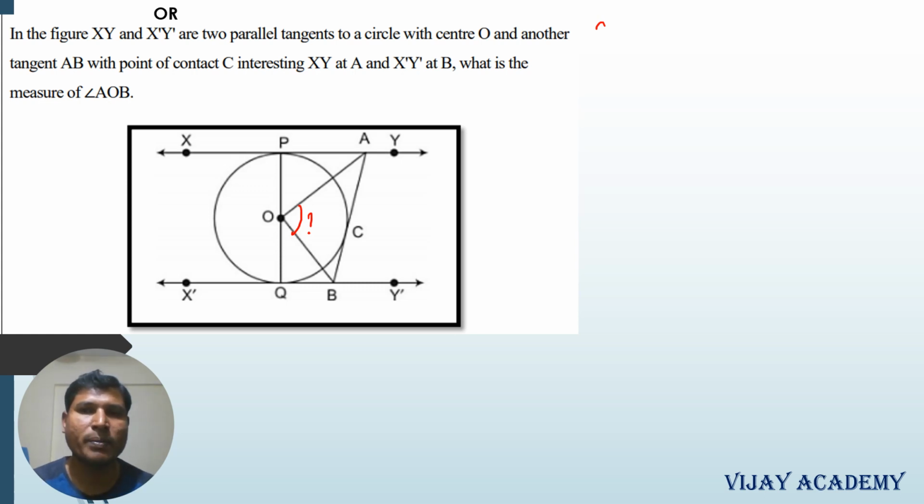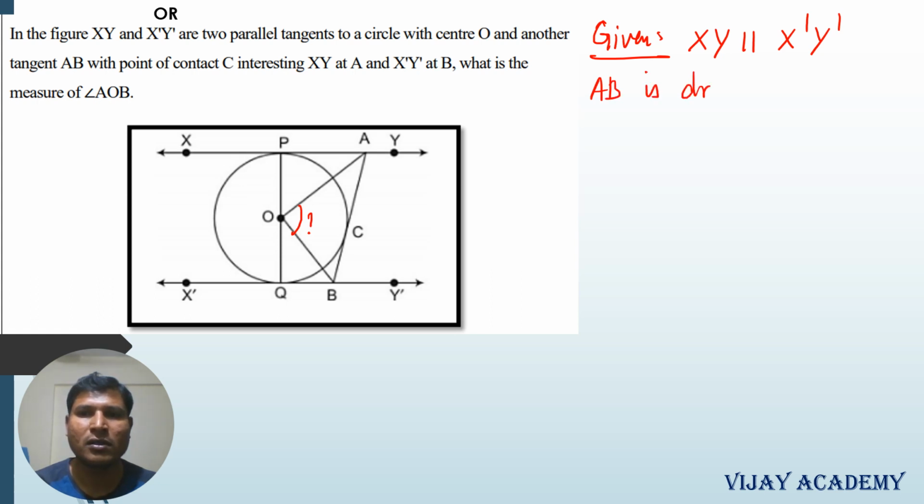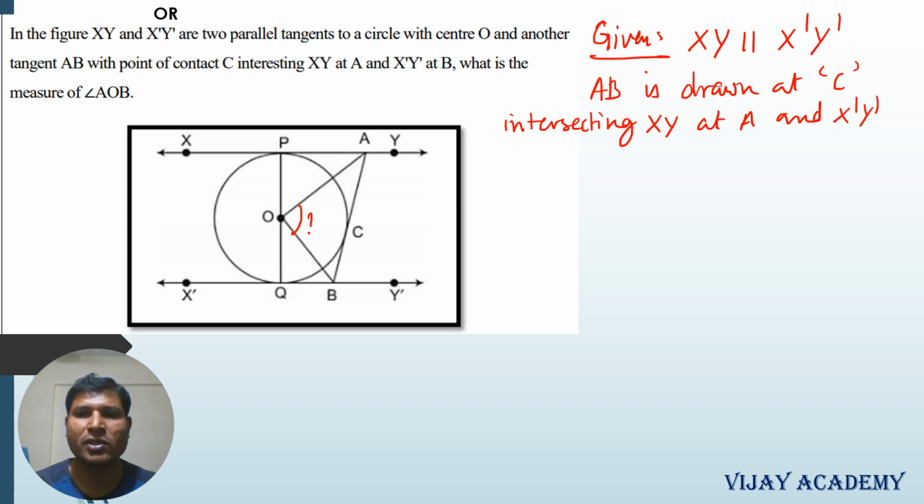In the given we are supposed to write that XY is parallel to X dash Y dash, and also that a tangent AB is drawn at point of contact C intersecting XY at A, and X dash Y dash at B. Now to find, we have to find angle AOB.